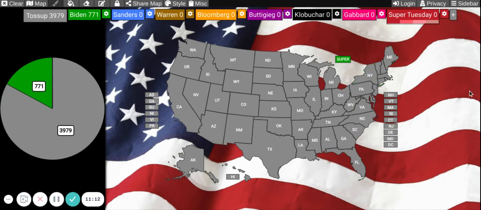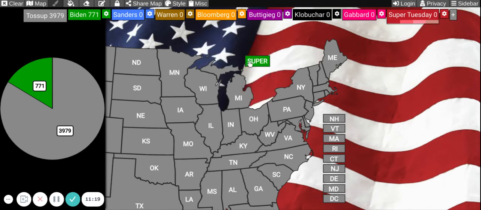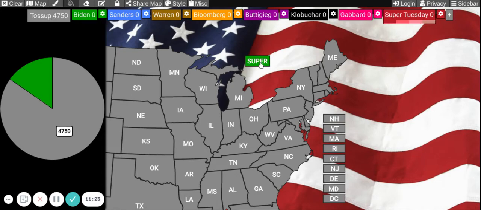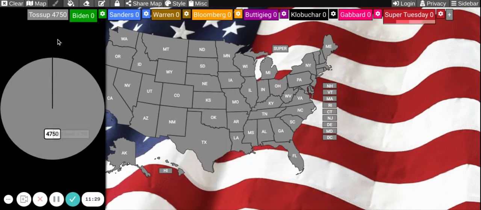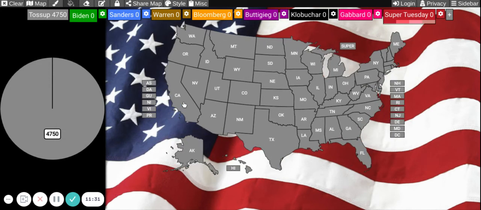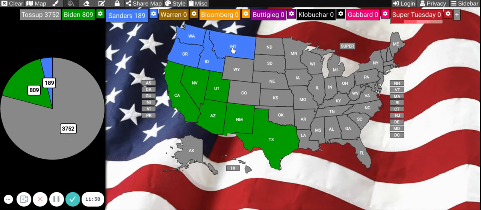Which means that one reason why this system has come under high criticism nowadays is that, let's say it's really close between Biden and Sanders. Let's say Biden wins California, Texas, all this good stuff, and Sanders is winning states like this.